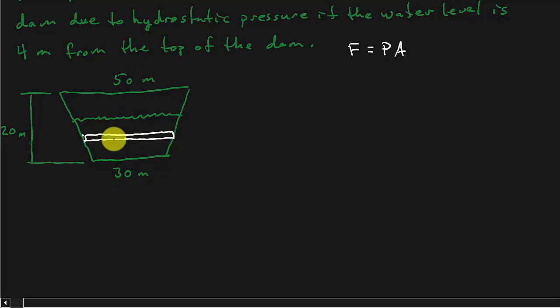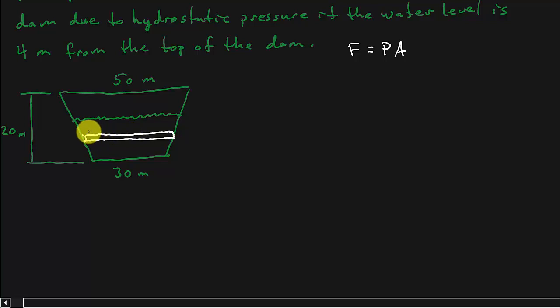All I'm looking at is a little strip, and I'm going to find the area of this little strip right here, and then I'm going to integrate and sum all those strips up.